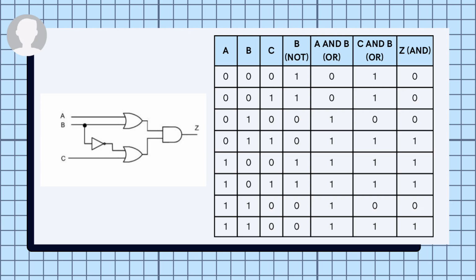Let's take a look at the table. At the first row, A is 0, B is 0, C is 0. From the truth table, the output Z is 0. That means for this combination, the logic gate gave us a low output.